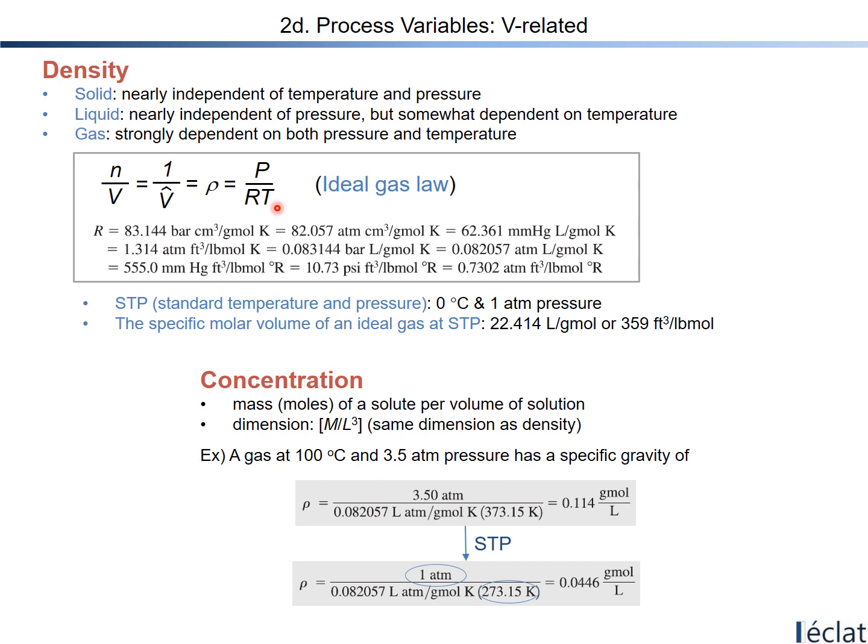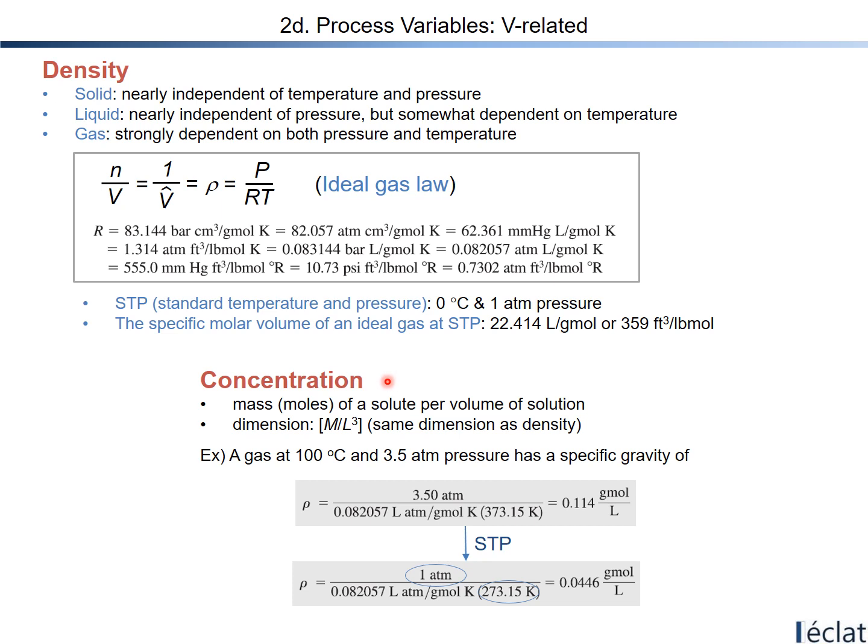So 273.15 Kelvin and 1 atmospheric pressure, and R should be used with this unit, atm liter per gram mole Kelvin. Then you have obtained this value, 22.4 liter per gram mole. So at STP, 1 gram mole has 22.4 liter volume. So memorize this number, sometimes very useful.